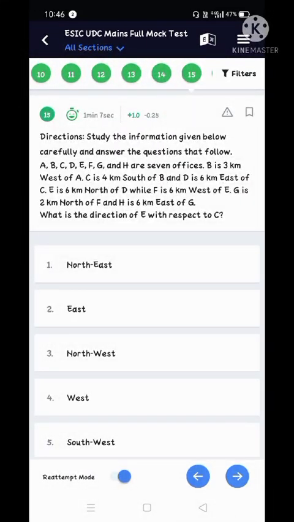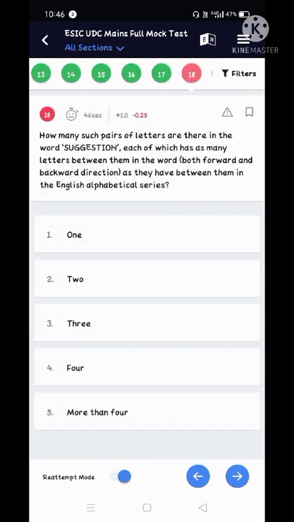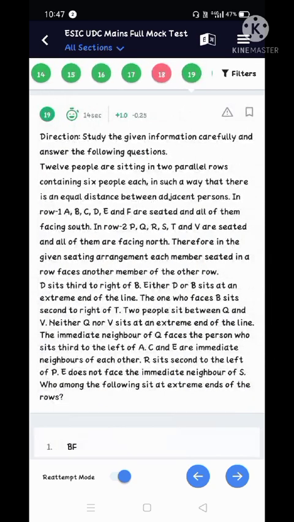Next, a direction based question was asked, 3 to 5 questions from there, and a pair based question, where a suggestion word is given and you have to arrange them in alphabetical order, in both forward and backward direction. That kind of question was asked.